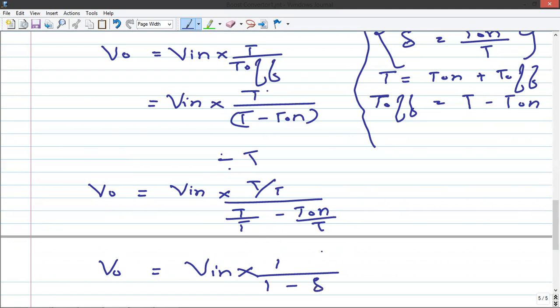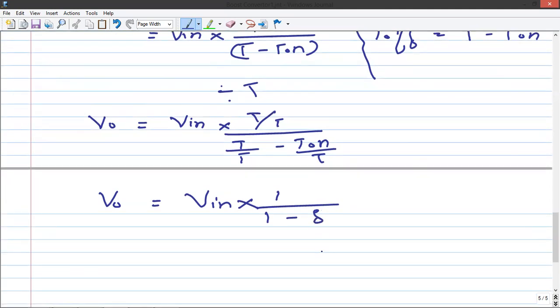So we have the equation: V out is equal to V input into 1 divided by 1 minus delta. Thank you all.